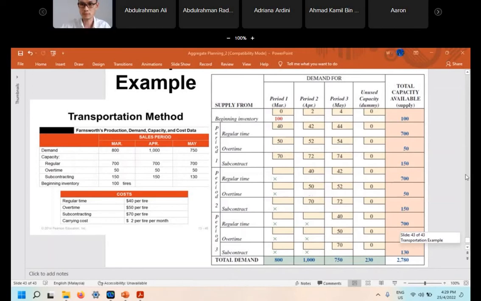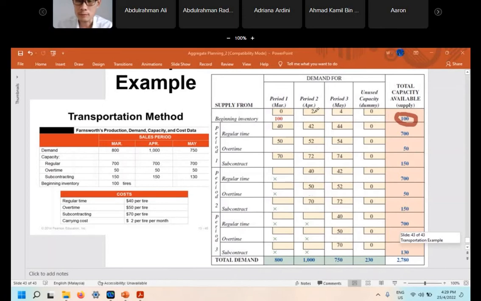No. Okay, one of your friends answered no. Why? Because there's no more capacity. Okay, I already used up this 100 here. So it means I cannot assign anything here, even though the demand is 1000. Okay, I hope you are clear.